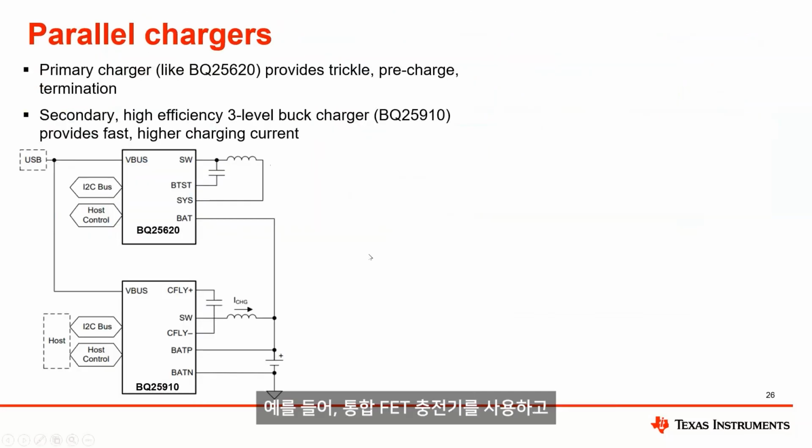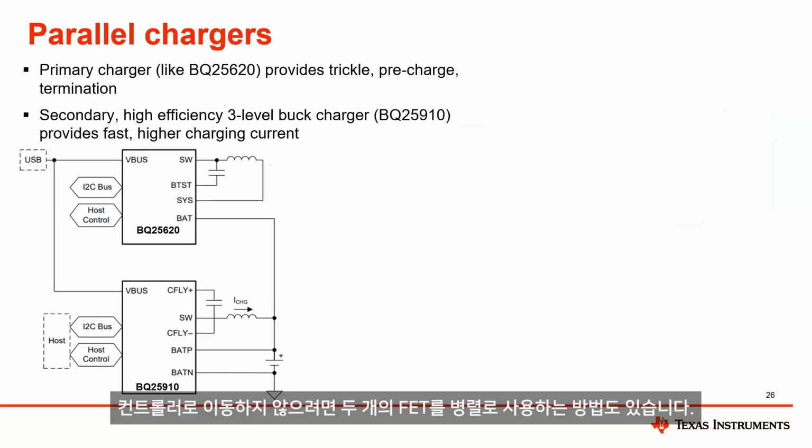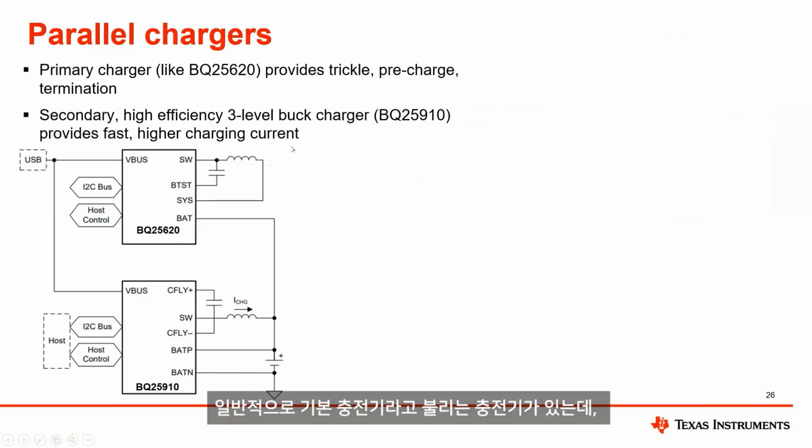Another option, if you did want to use integrated FET chargers and not go to a controller with external FETs, is to use two FETs in parallel. We typically would have one, what we call a primary charger, that provides trickle charge and pre-charge, like the 25620.